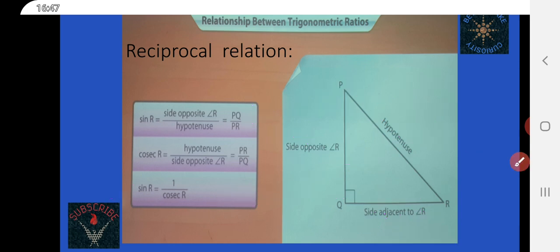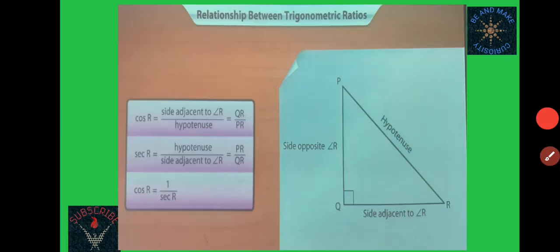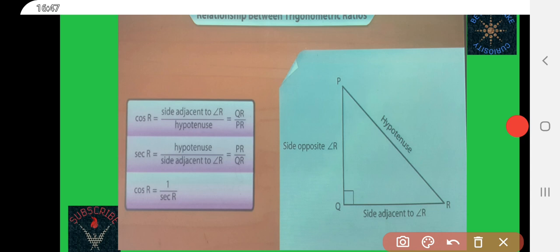Next, relationship between trigonometric ratios.